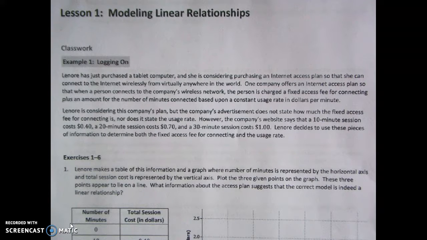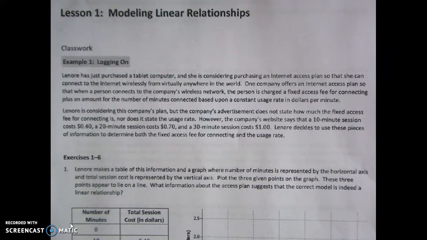It's called Logging On. Lenore has just purchased a tablet computer, and she wants to get an internet access plan so that she can have connection anywhere she is. The company offers a plan where you pay a fixed fee every month, and then you pay so much more for each minute you were connected.